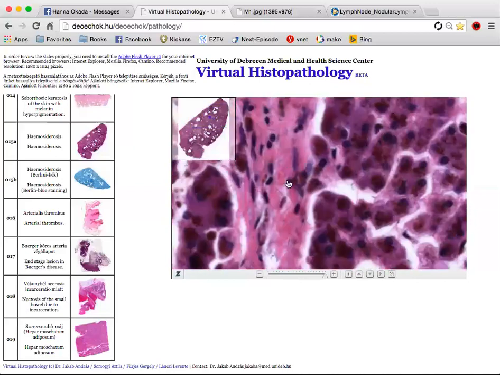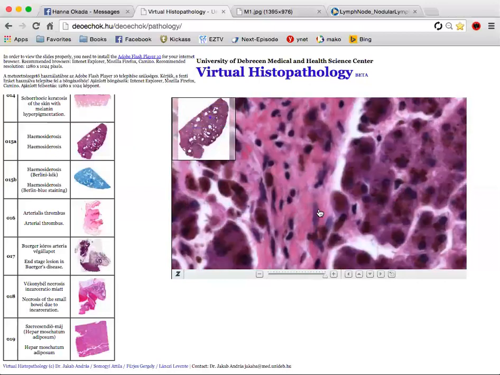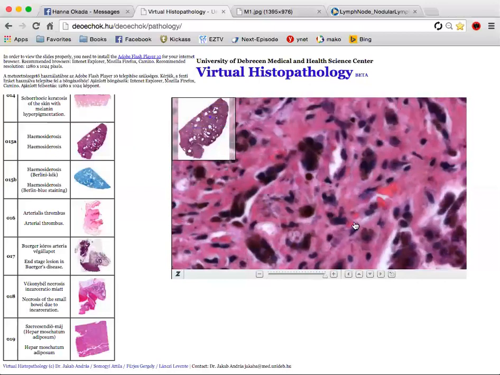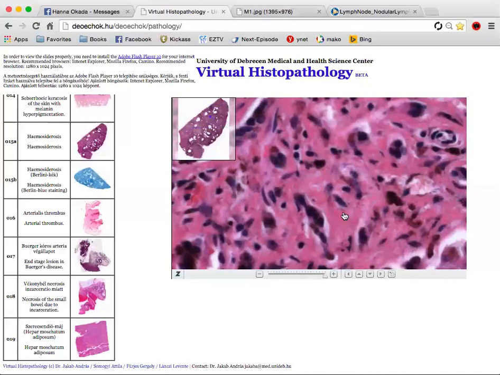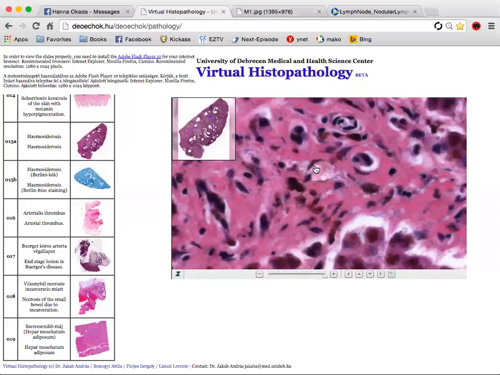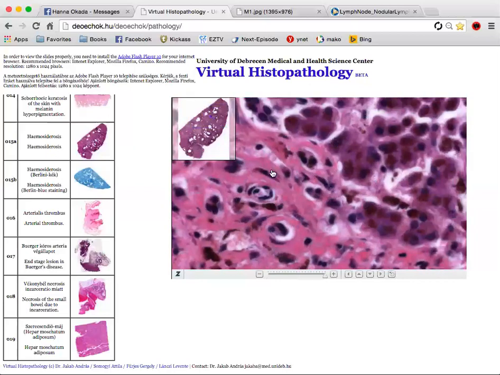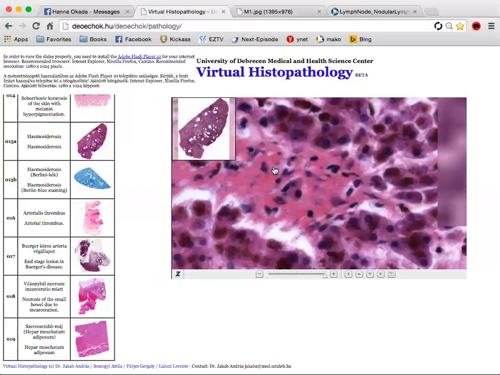I can't really point to one. I don't know which one is a macrophage or not. Can't really see them, but they're going to look something like this. You remember the Kupffer cells? They're the hepatic macrophages, so they just take up extra pigment.